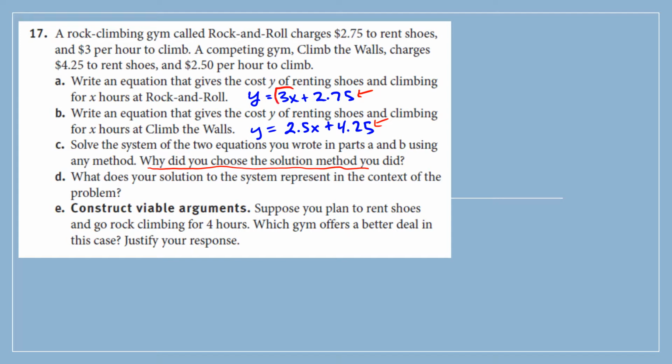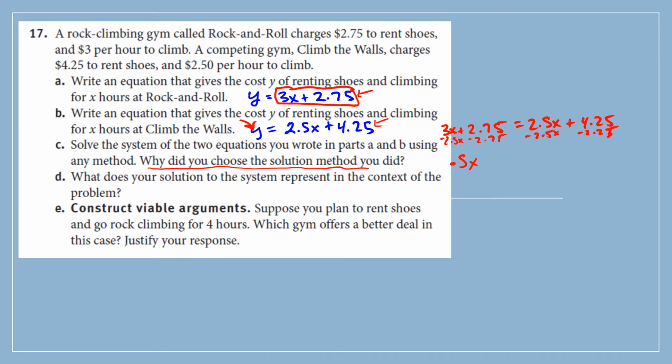So if this stuff equals y, then I'll just put it in right here for y. So I would have 3x plus 2.75 equals 2.5x plus 4.25. And then I'll minus 2.5x from both sides.